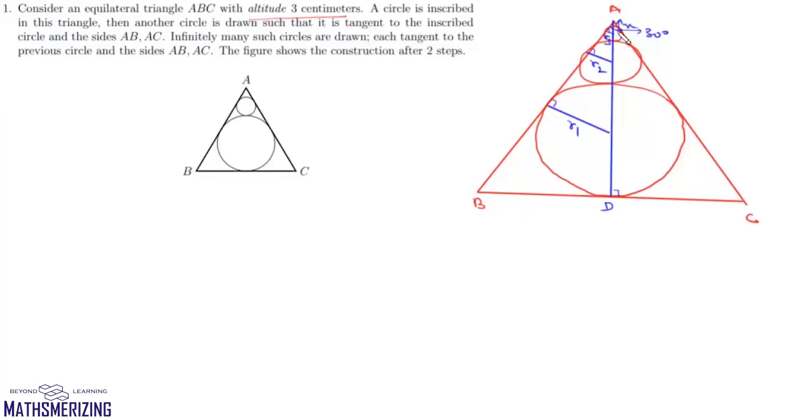So for this first triangle we can write sine 30 as R3 upon x. For the second triangle it will be R2 upon x plus R3 plus R2.